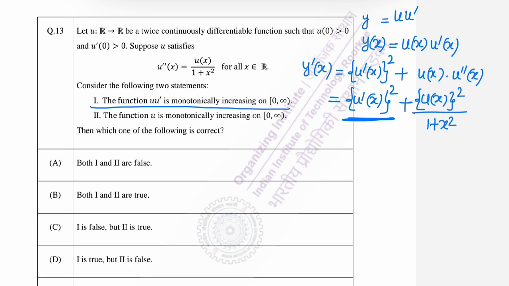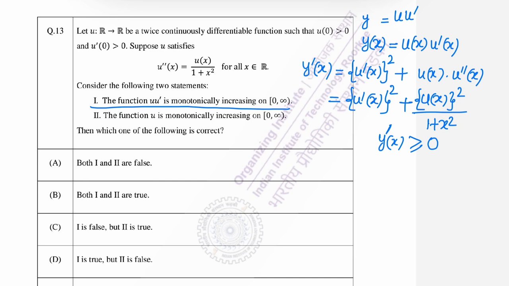So this thing, I show you in red enclosure, is non-negative, and the denominator is a positive number. So what we have now, we have y dash x is equal to or greater than 0.